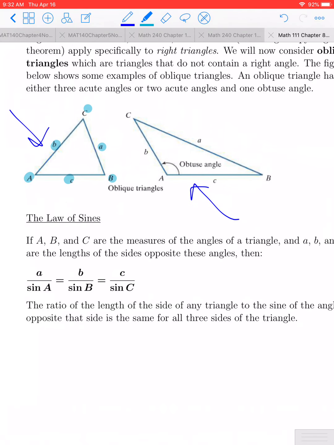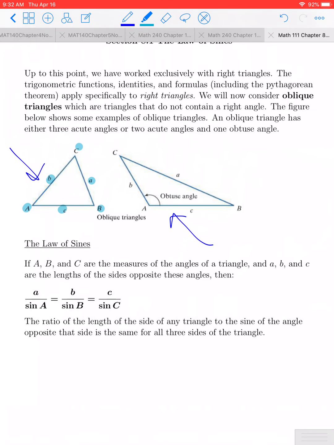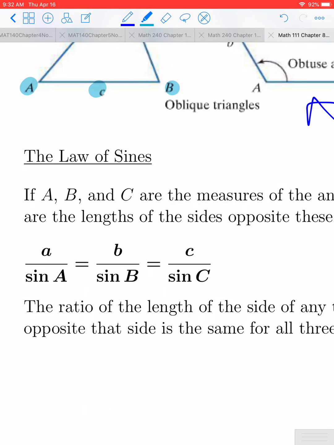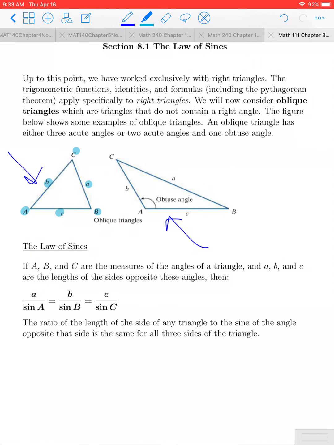The law of sines says that if you take the ratio of the length of a side and divide it by the sine of its angle, this ratio is consistent throughout the entire triangle. That is, little a divided by the sine of angle A is equal to side b divided by the sine of angle B, which is equal to side c divided by the sine of angle C. So this is our brand new law of sines.